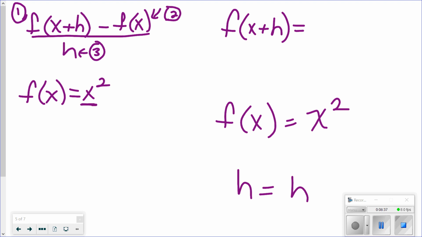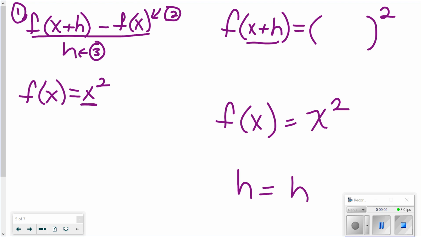This one, the f of x plus h, is the one where all the work's going to be done. So everywhere I see an x, I have to plug in an x plus h. Anytime you're doing this and you're using something like an x plus h instead of just a number, I like to go ahead and put parentheses. Let's make it look exactly like the function. So parentheses squared, right? The parentheses were where the x was.